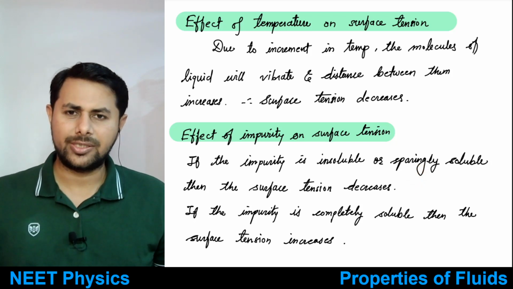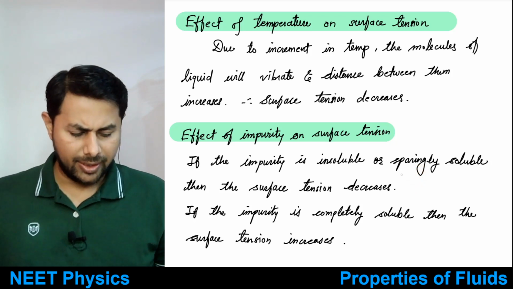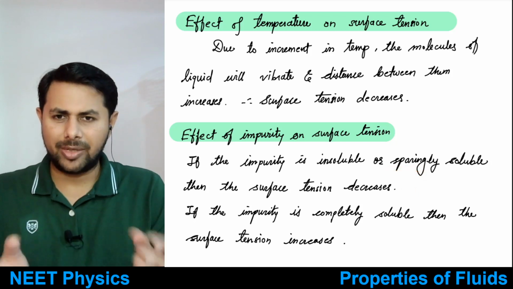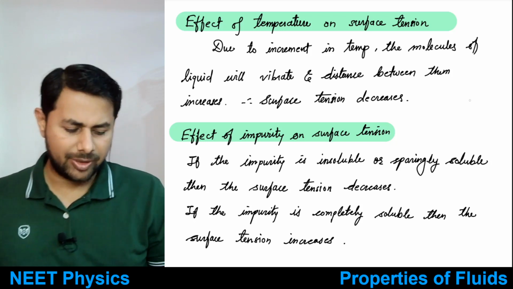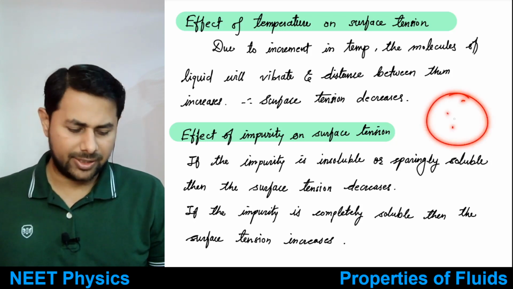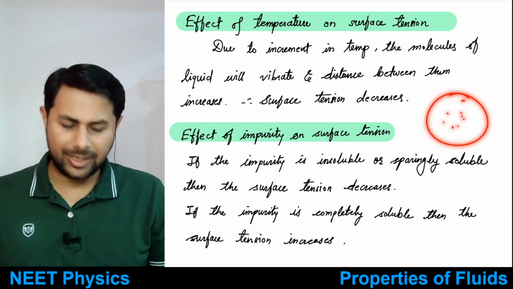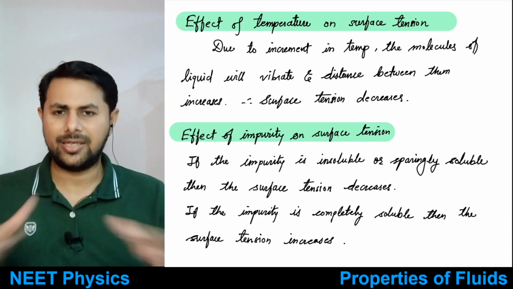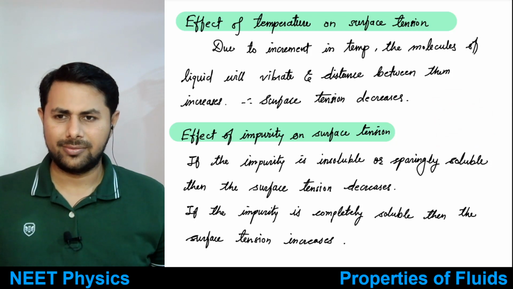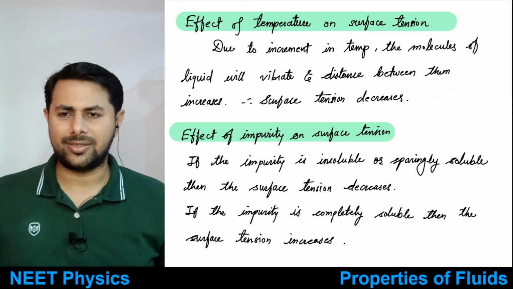The adhesive force is less, and therefore it cannot become part of the liquid, so surface tension is decreasing. Because if you consider the sphere of influence, surface tension decreasing means the force of attraction between a molecule and other molecules in the surrounding is decreasing. That's why surface tension would decrease.